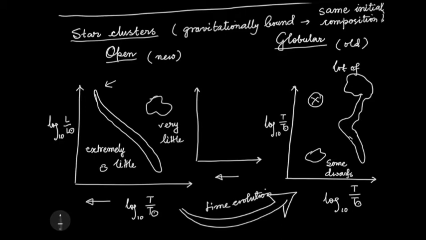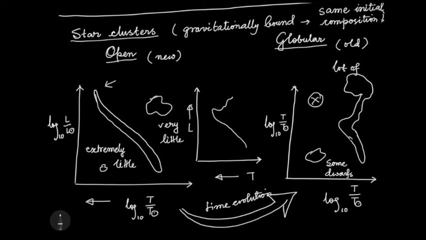So there is time evolution. And now, because we know this, and once we learn the stellar structure, we'll see how the time evolution happens roughly, not in very detail.